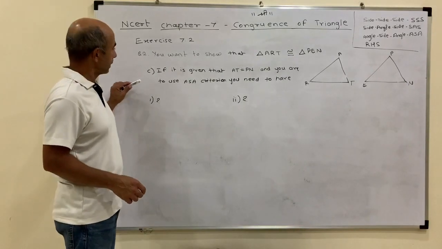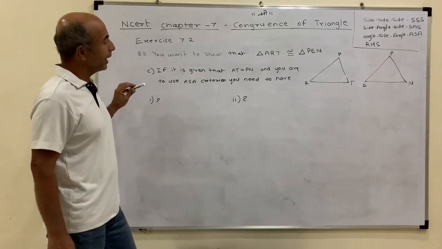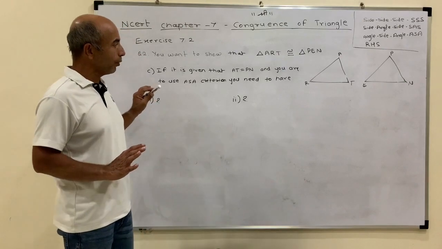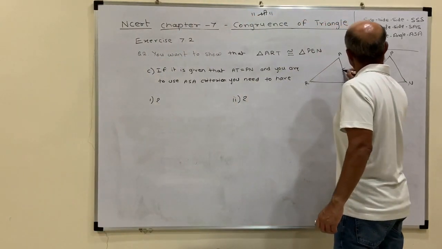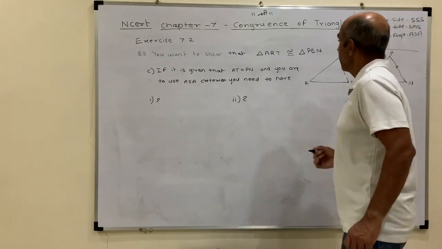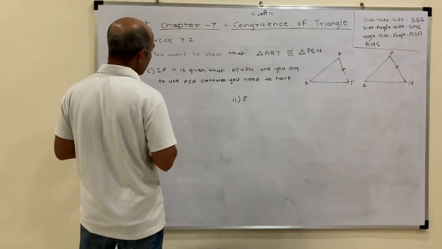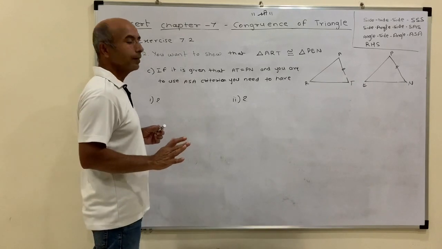Now the C part. If it is given that AT is equal to PN, see what they have given, AT is equal to PN. And the rule we need to apply is angle side angle.